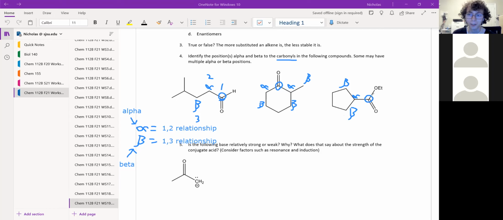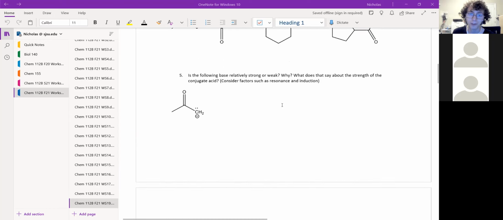Just 1 carbon away from the carbonyl carbon is alpha, 2 away is beta, and there can be multiple spots. So I'm assuming there aren't any questions. If there are, again, please ask. But I'll go ahead and move on.